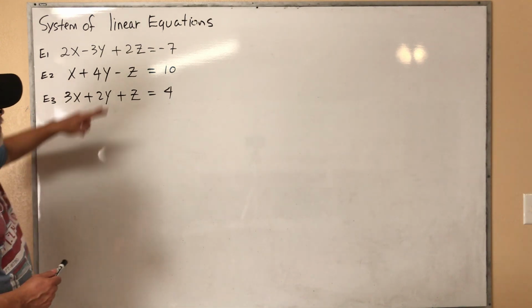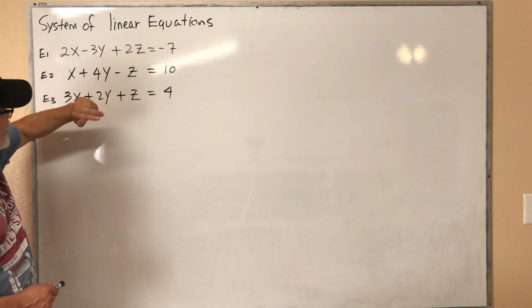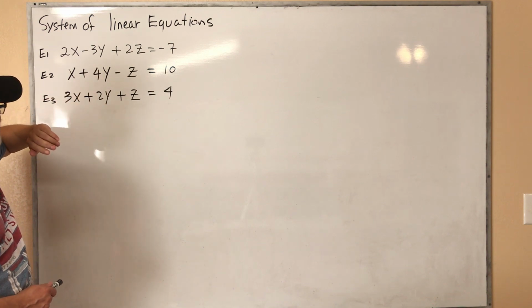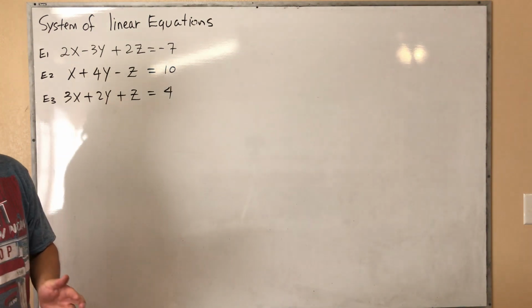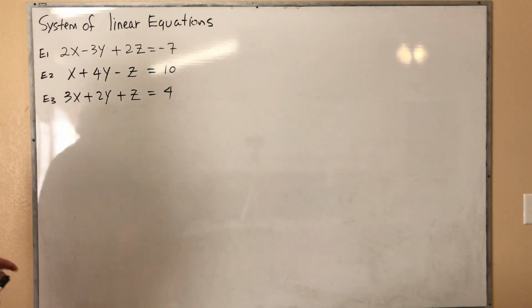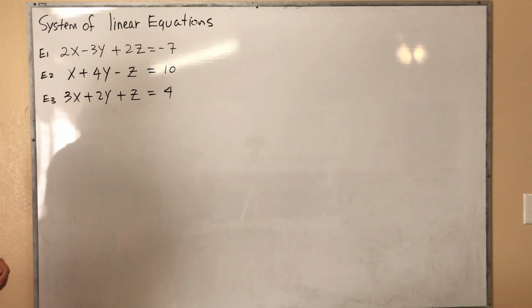You see this z? Z and z? Because it has a negative, I think that z is the easiest variable to eliminate. Okay, so now I'm going to pick 2 equations. The easiest equations are going to be equation 2 and equation 3.